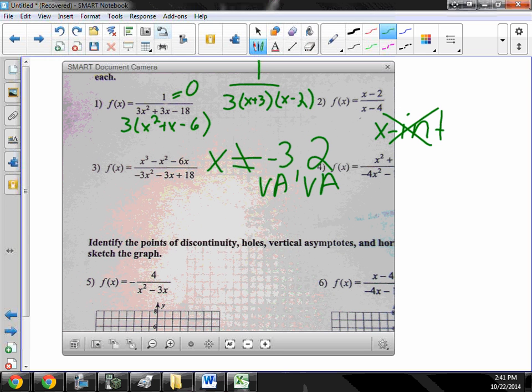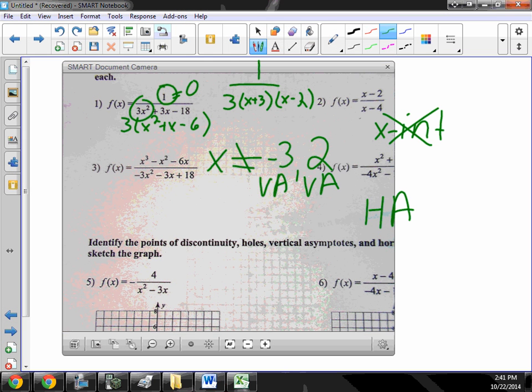Now we need to look at the HA. So we look at the first number on the top and the bottom, 1 over 3x squared. If the bottom is bigger than the top, your horizontal asymptote is at y equals 0. So my HA is y equals 0.